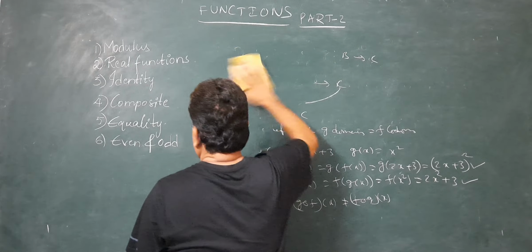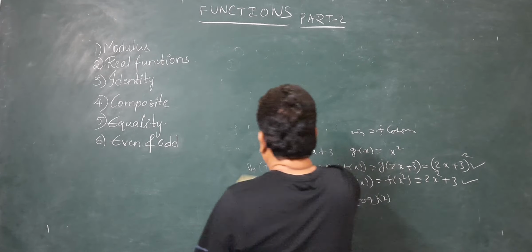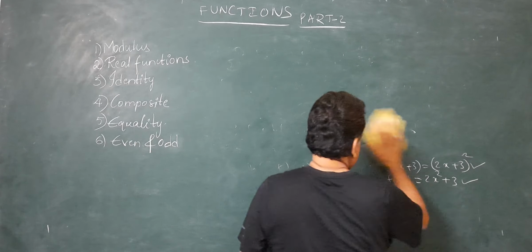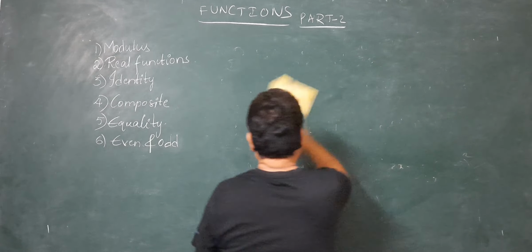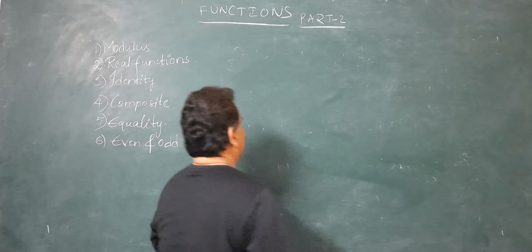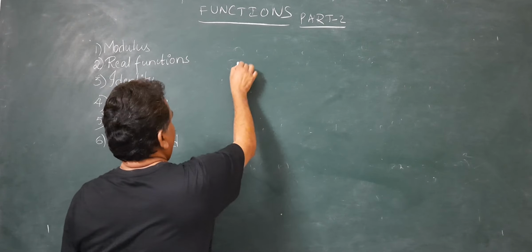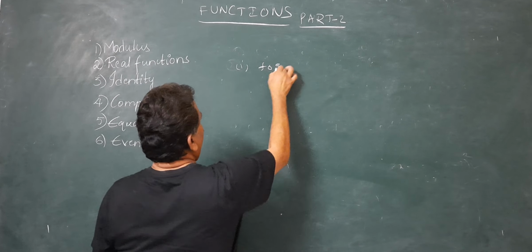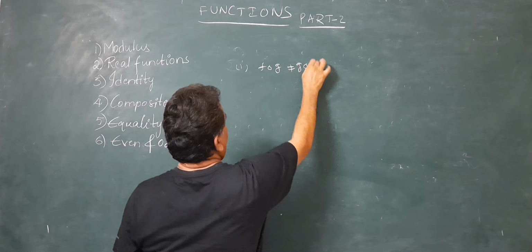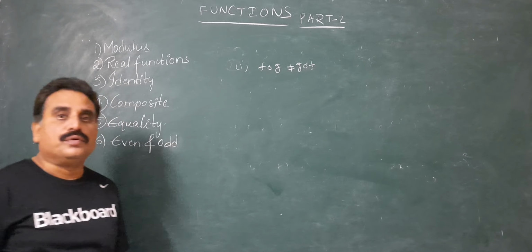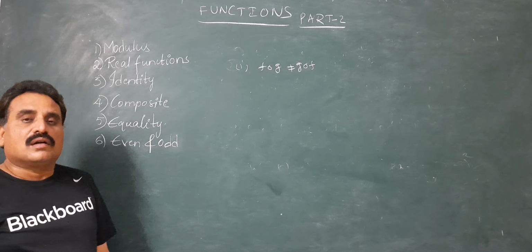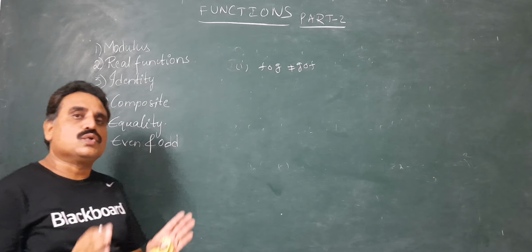Next. The properties of the composition of functions: f circle g is not equal to g circle f. Composition is not commutative, but composition is associative.